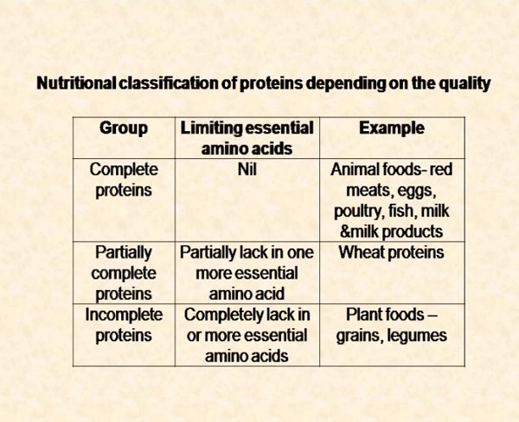Under partially complete proteins, the limiting amino acids are those partially lacking in one or more essential amino acids. Example: wheat proteins. The third group is incomplete proteins. The limiting essential amino acids are completely lacking in one or more essential amino acids. Example: plant foods, that is grains and legumes.